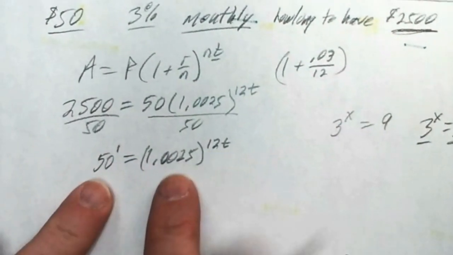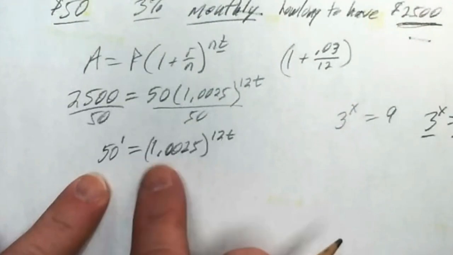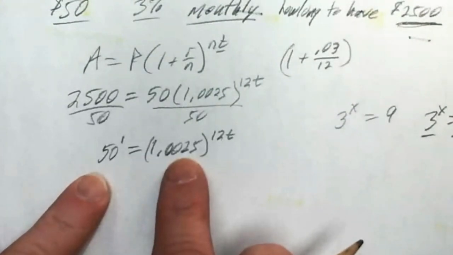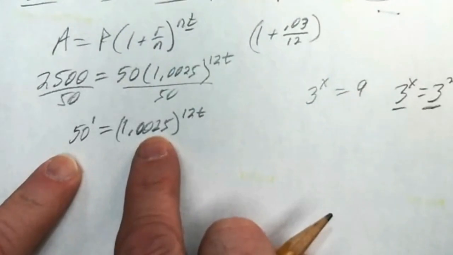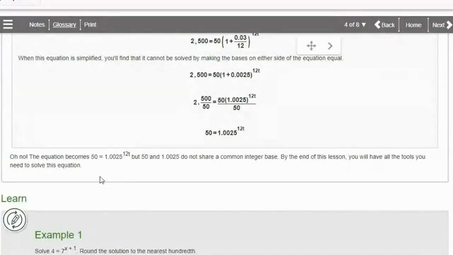I just need these as the same base. But I have no idea how to write 50 and 1.0025 as the same base. That's what we learned how to do last week. 50 and 1.0025 do not share a common base.